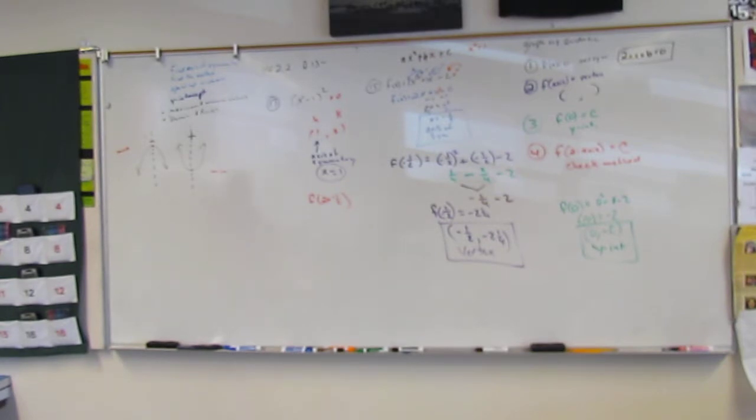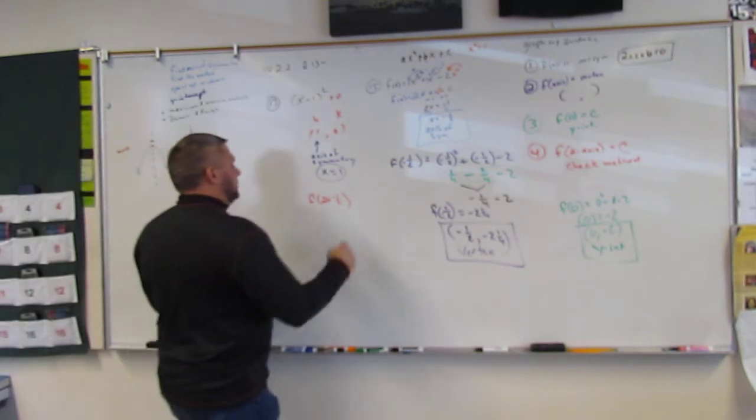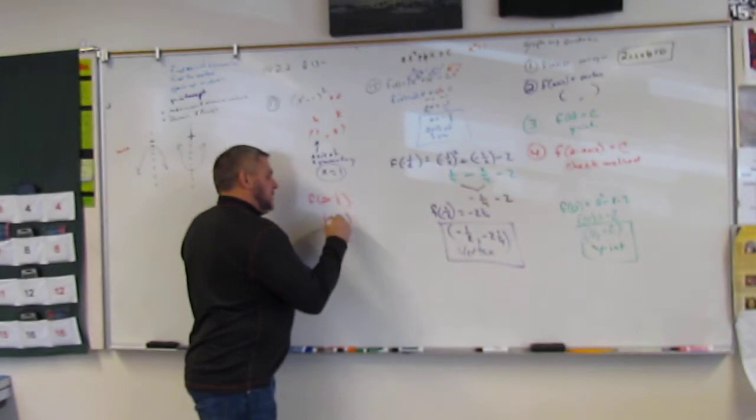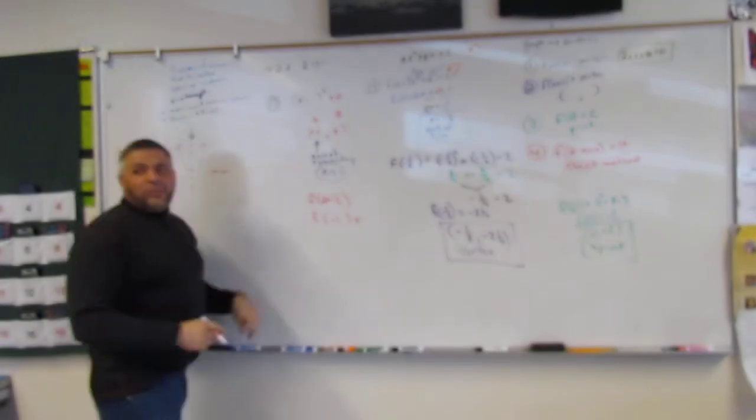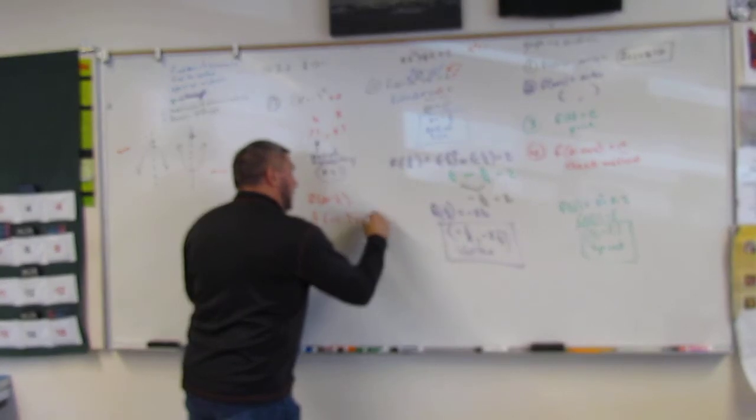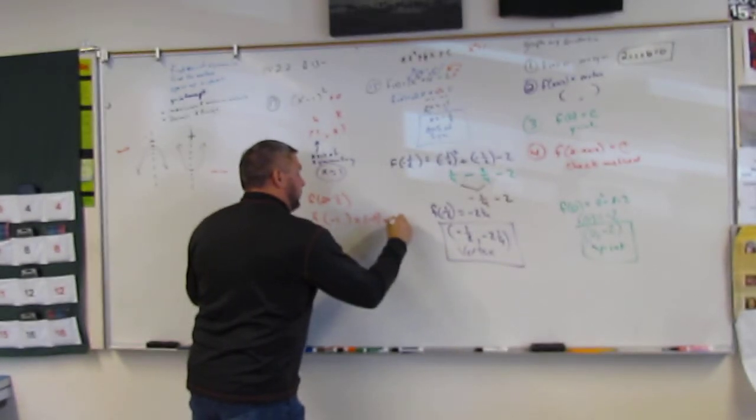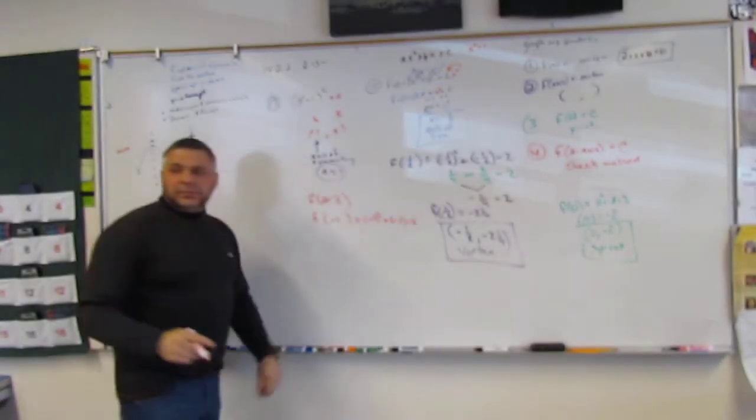Or in other words, what's half of 2? It's 1, and a negative times a positive is a negative, right? So we're trying to find the function with respect to negative 1. So that means negative 1 squared plus negative 1 minus 2.